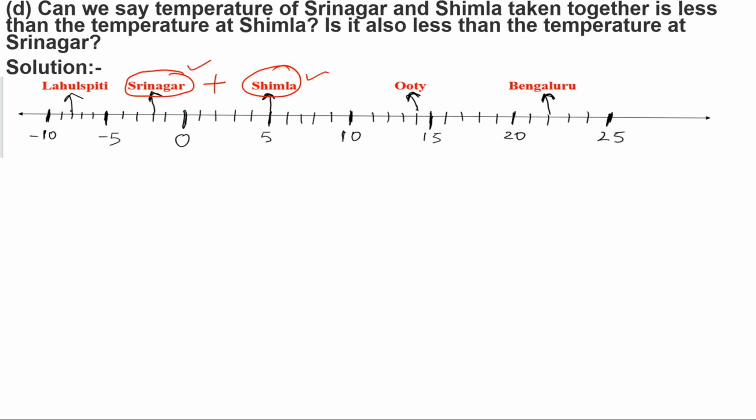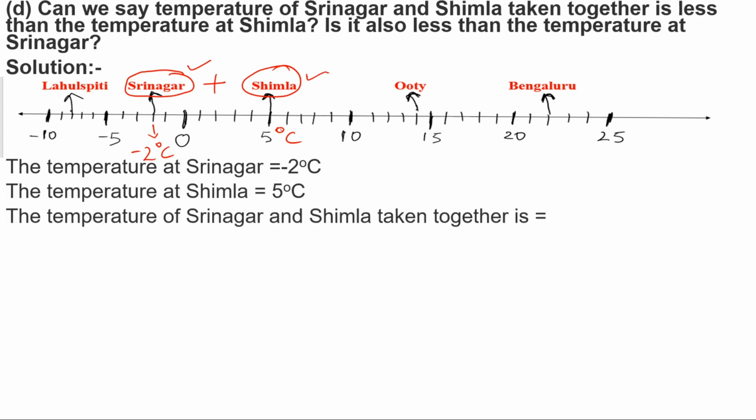So let's find out. First we will add up the temperature of Srinagar and Shimla. So Srinagar is minus 2 degrees Celsius, and here it's already given 5 degrees Celsius. So when we add up minus 2 degrees Celsius plus 5 degrees Celsius, we would get minus 2 plus 5.